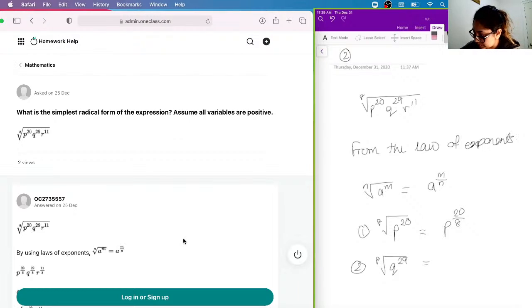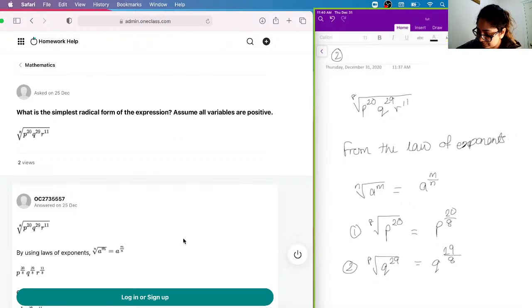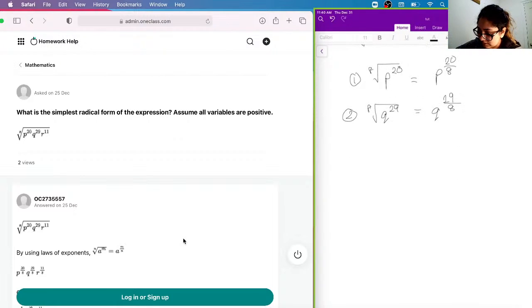And so this would be q to the 29 over 8. And then we have the third one, which is r to the 11. And so we have r to the 11 over 8.